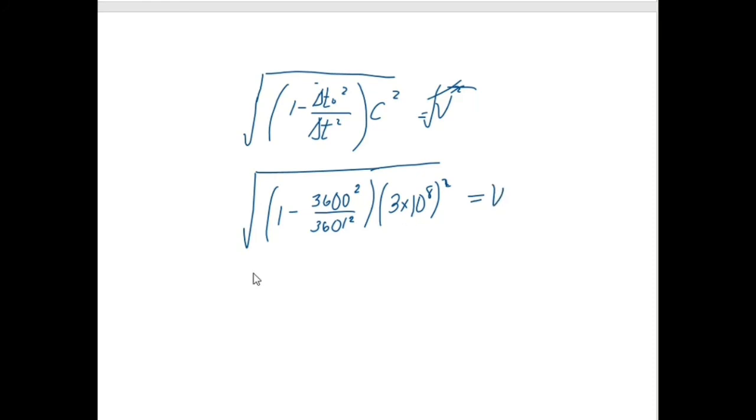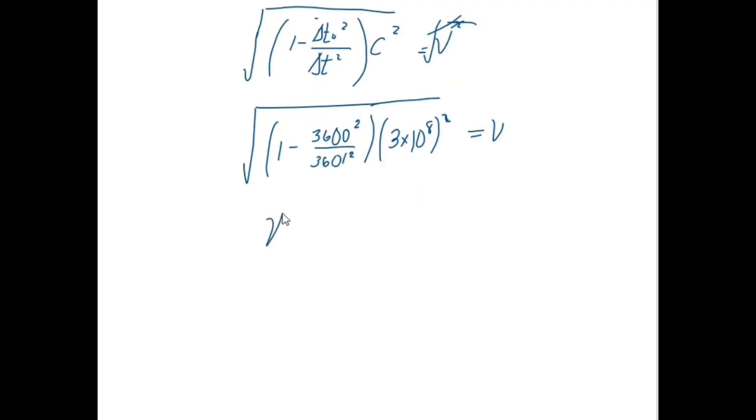So our answer would be, for our velocity, we now have 7,069,595 meters per second, or we can also express it as 7.07 times 10 to positive 6 meters per second.